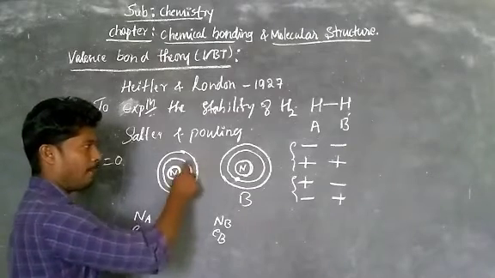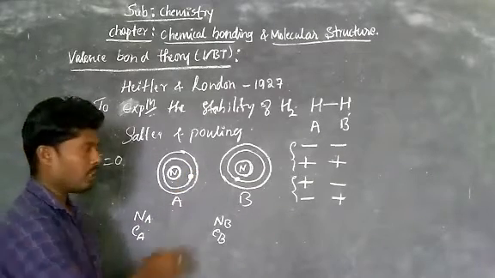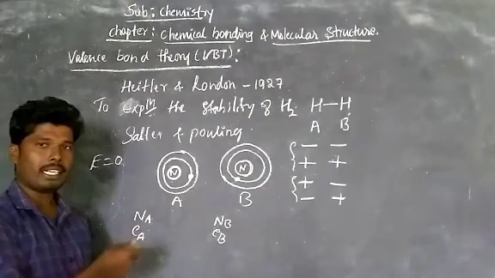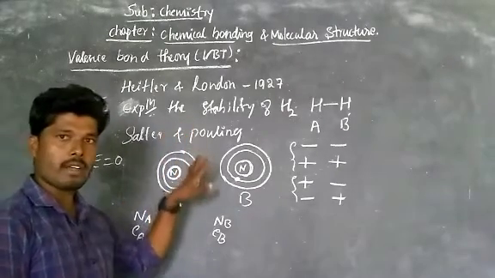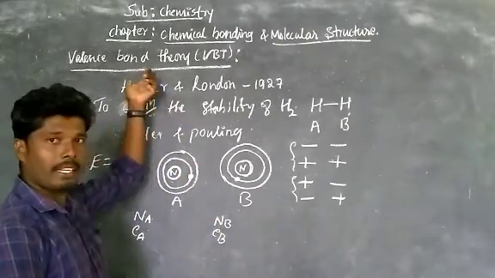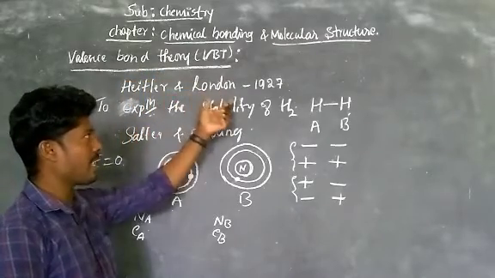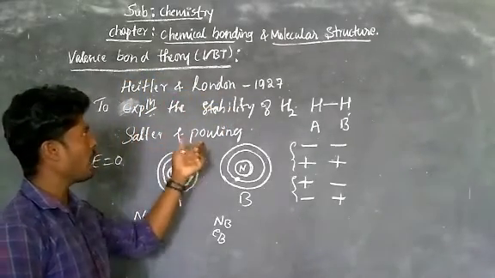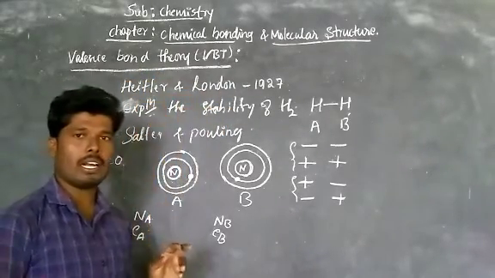During that time, the covalent bond is formed. That was explained in valence bond theory by the scientists Slater and Pauling and also Heitler and London.